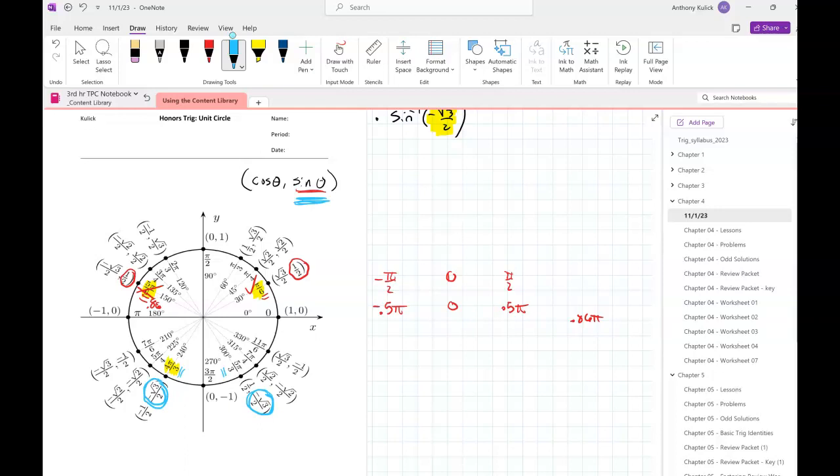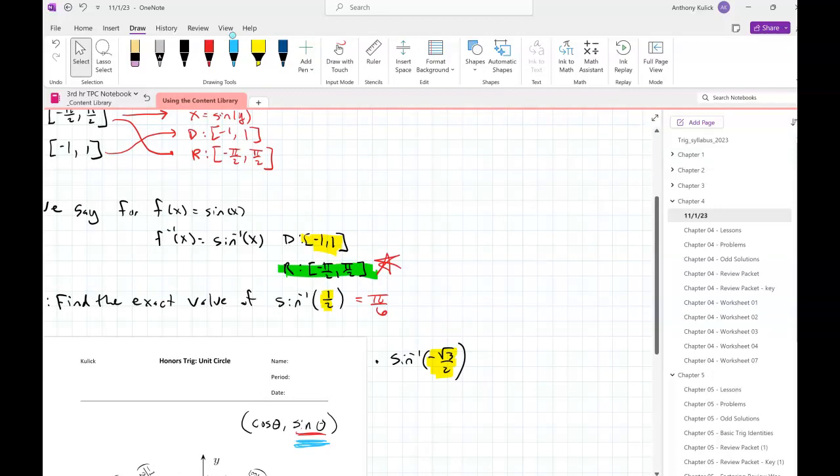So my 2 prospective answers look like they're going to be 4π/3 and 5π/3. Now we're going to check to see if either of those 2 answers land inside the range of the function. Like, are those actually acceptable outputs? Are they between -π/2 and +π/2?